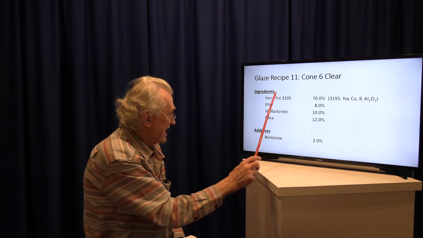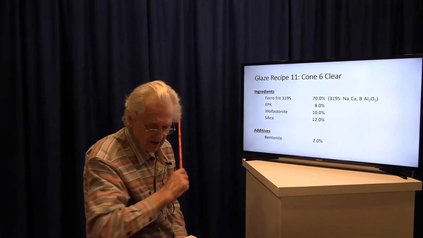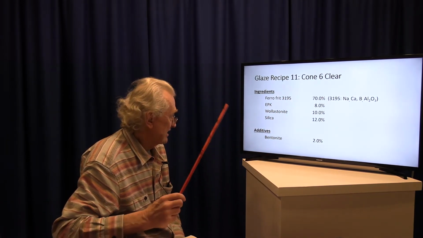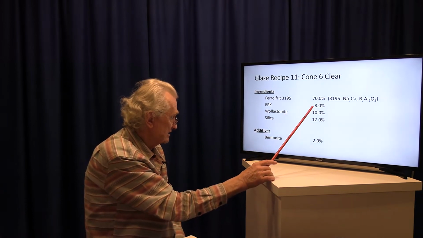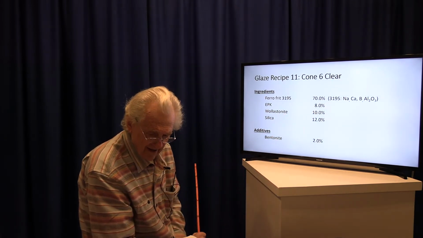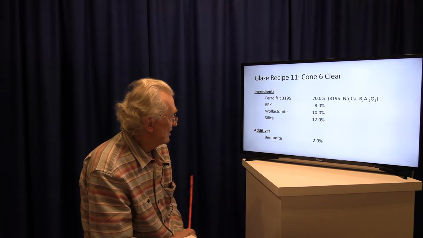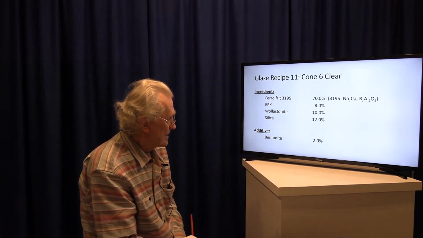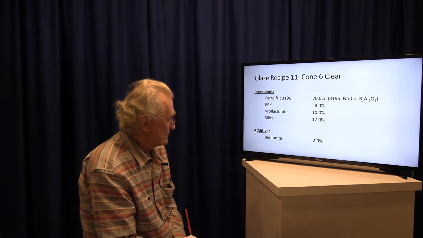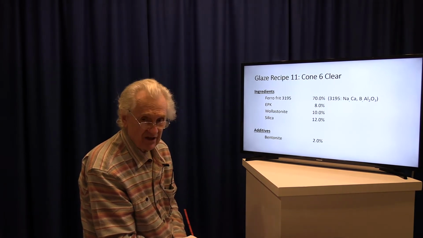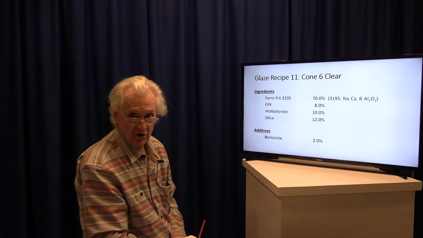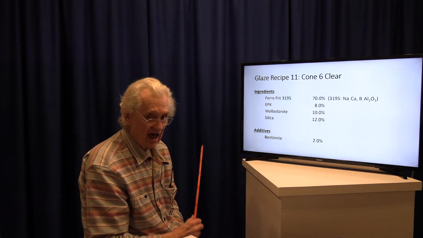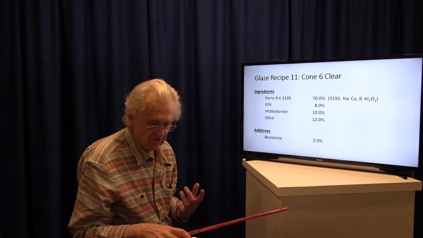So there's 70% of a boron frit, a lot of boron frit. Not a whole lot of clay, a little bit of calcium, a little bit of silica. And what this suggests is, now when I look at one frit, I say, well, that one frit is going to melt, that melts, by the way, at about cone 0.5. So I've got a glaze with a lot of one flux that melts at 0.5.